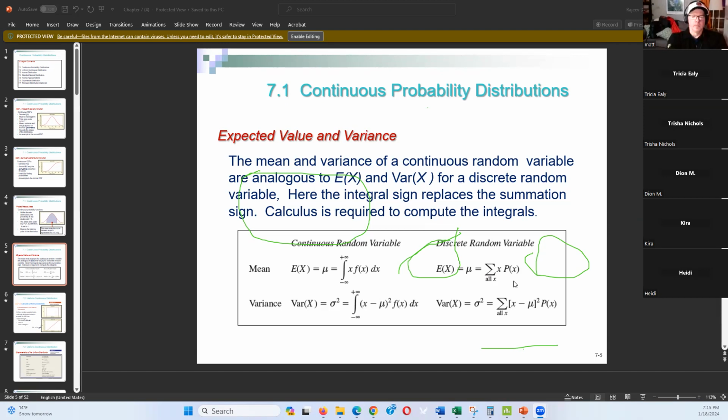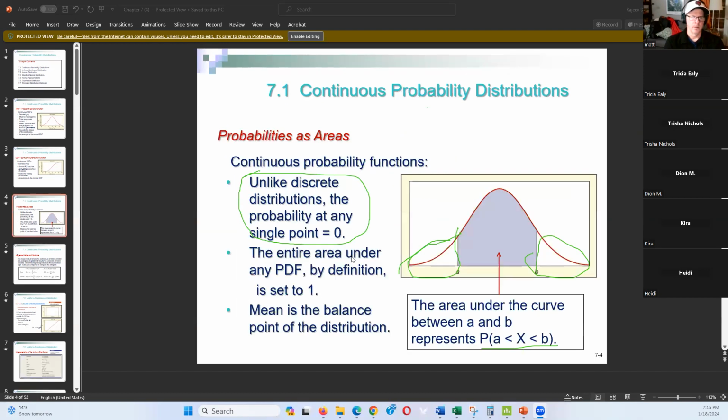What we do: probability of event 0, probability of event 1, probability of event 2, 3, 4, sum of all. Here in continuous we do the integration from this range to this range, for example minus infinity to plus infinity, in this case a to b.